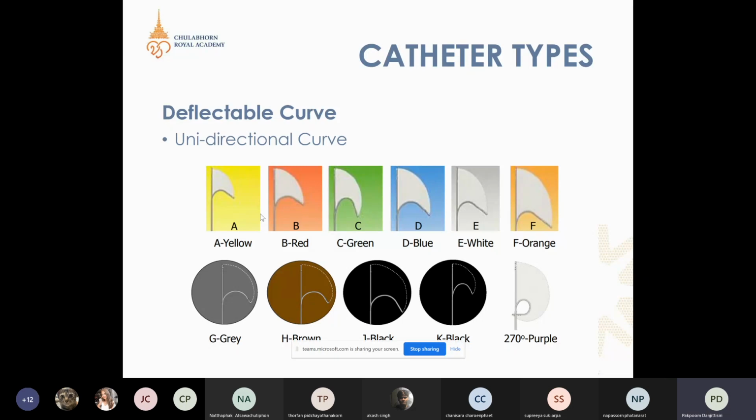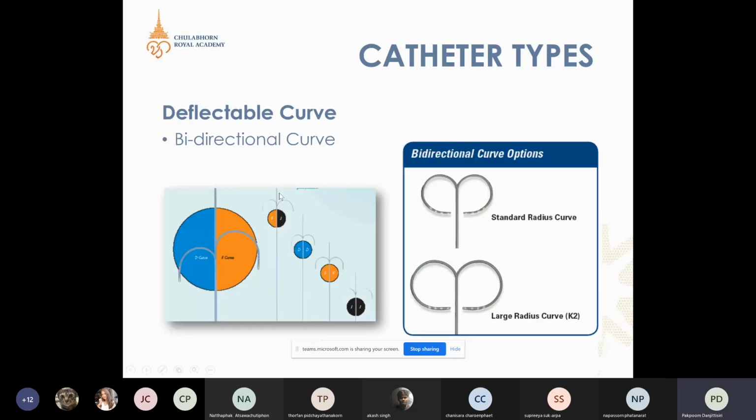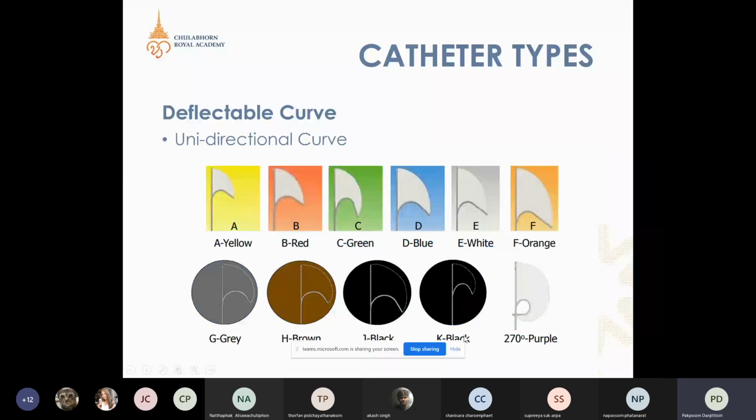The largest curve available for this example is the F orange, compared to the A curve over here.